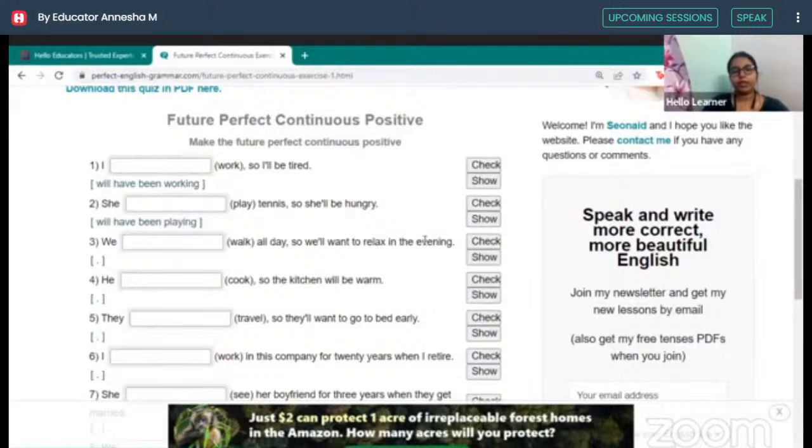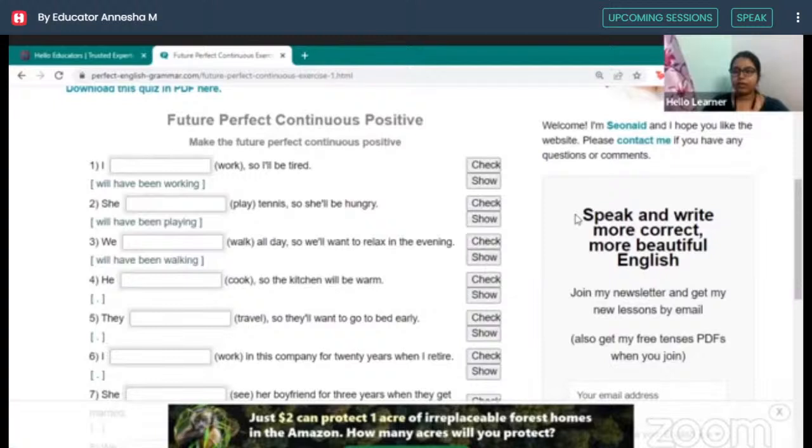Absolutely correct, Vishwanath. Very good. After Vishwanath, we have Shobha. We will have been walking all day, so we will want to relax in the evening. Absolutely correct, Shobha. Very good. Thank you so much.